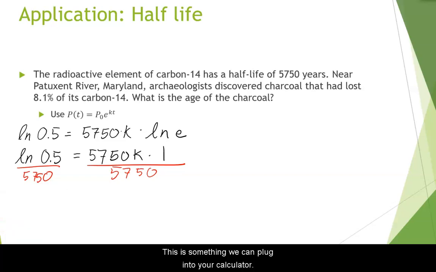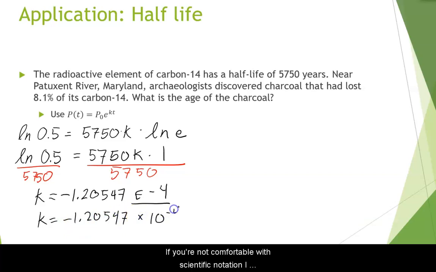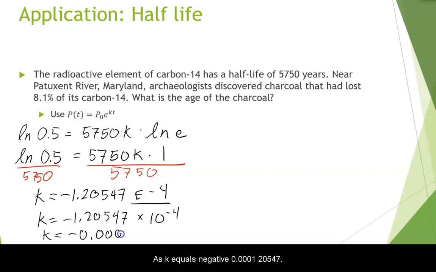This is something we can plug into our calculator, and we should get a k value that probably looks like negative 1.20547 e negative 4. That e negative 4 means times 10 to the negative 4 power. If you're not comfortable with scientific notation, I recommend rewriting this as k equals negative 0.000120547.